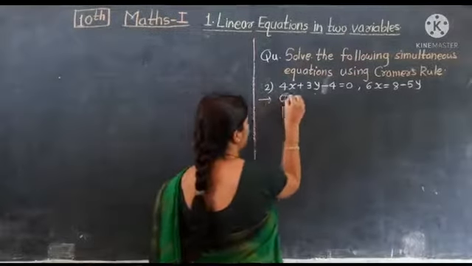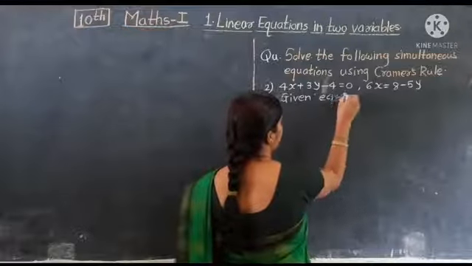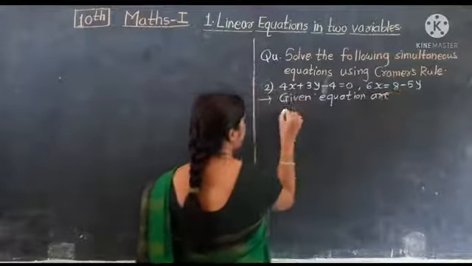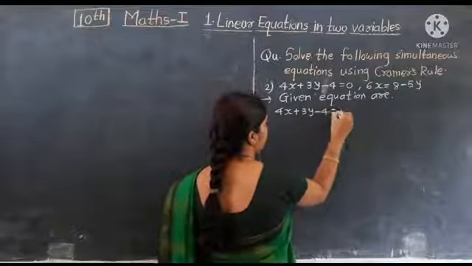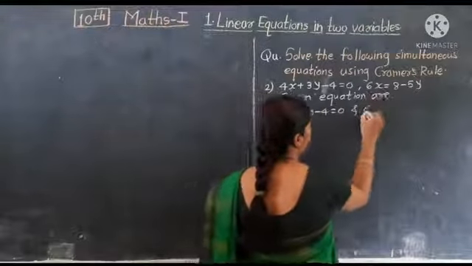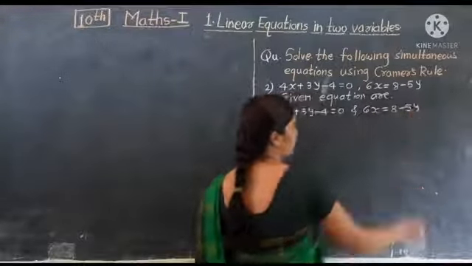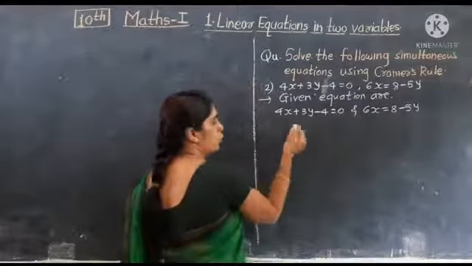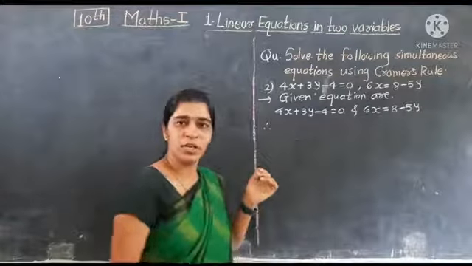What are the given equations? You write first the given equations. Given equations are 4x plus 3y minus 4 is equal to 0 and 6x is equal to 8 minus 5y. You see here, I have told you to take x, y on the left hand side and the constant number on the right hand side.